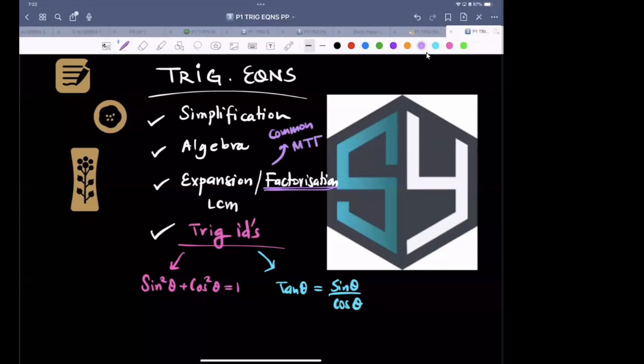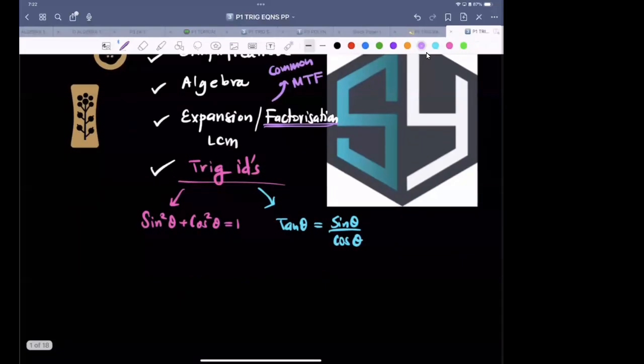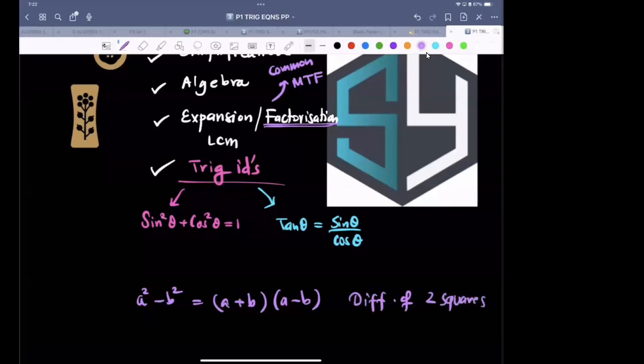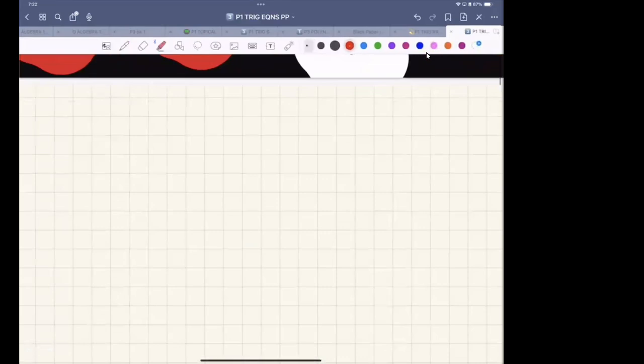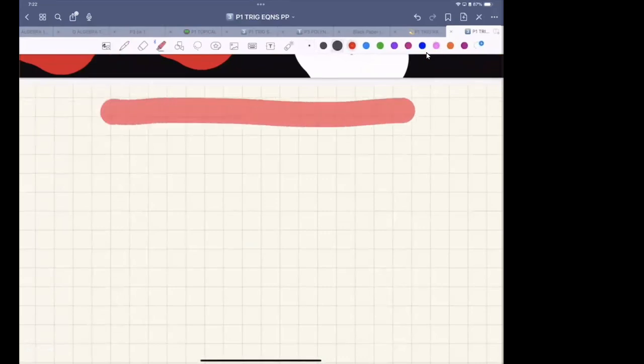Middle term factorization is also factorization. A squared minus b squared, that is (a plus b)(a minus b), the difference of two squares, is also factorization.